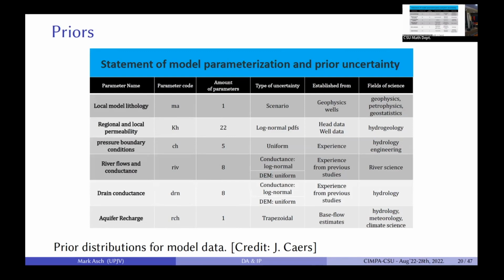All these types of uncertainty, we have some kind of information. We know, for example, that permeability is often a log normal probability function. Pressure boundary conditions, for example, can be described by uniform probability distributions, etc. So you see there's a lot of previous knowledge, historical knowledge, experience, which just comes from geophysics, wells, from well data, from experience, from previous studies, etc.